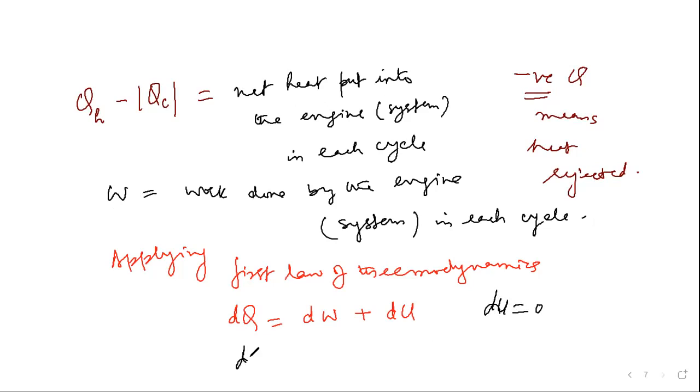That means net heat put into the system must be equal to work done by the system. That, in other words, means if I write first law for my working substance for my cyclic engine, I will write QH minus QC, net heat put in the system, is equal to W. Right. Now we define efficiency of the heat engine.